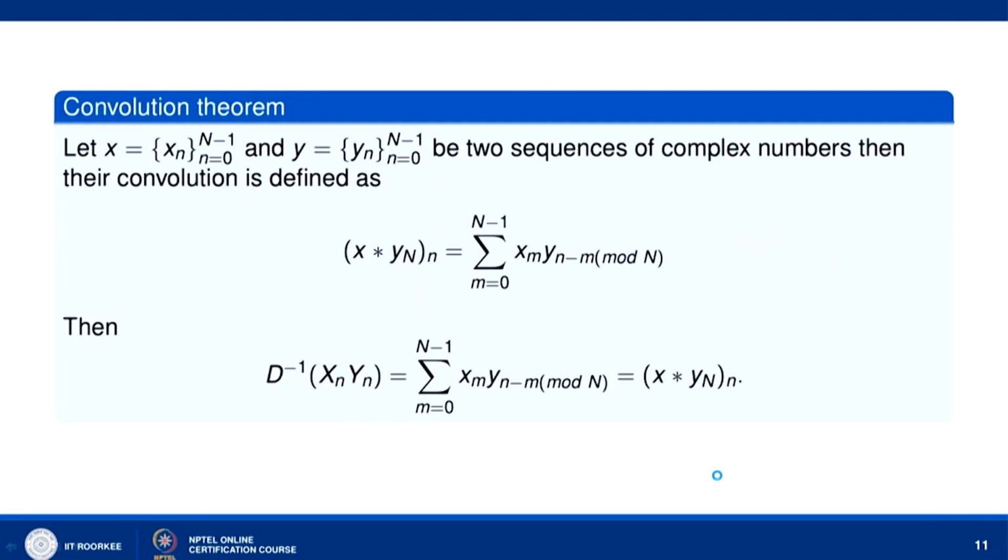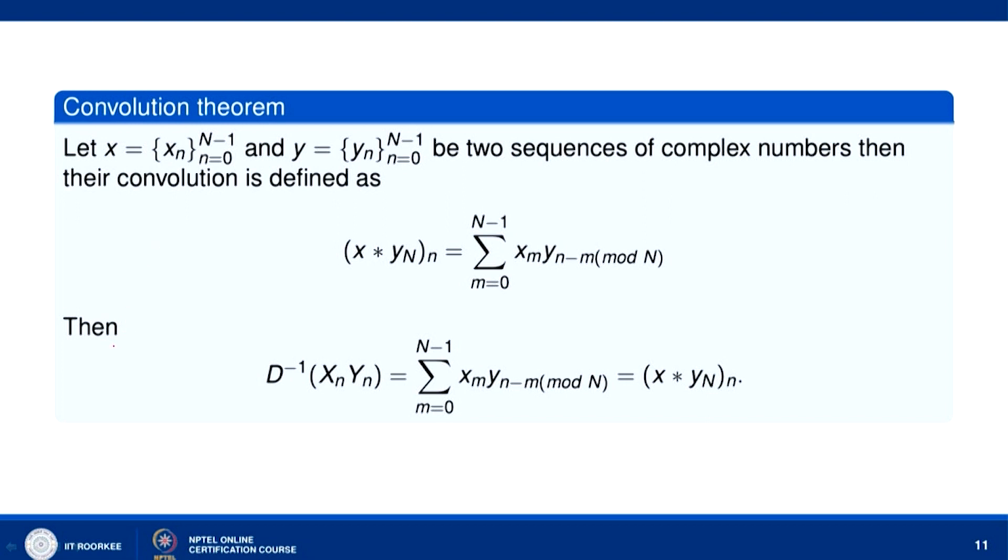Now, the convolution theorem. Suppose x equal to x_n, n equal to 0 to N minus 1, is one sequence, and y_n, n equal to 0 to N minus 1, is the other sequence of complex numbers, then their convolution is defined as x star y at n, okay, sigma m equal to 0 to N minus 1 x_m y_(n minus m modulo N). Okay.